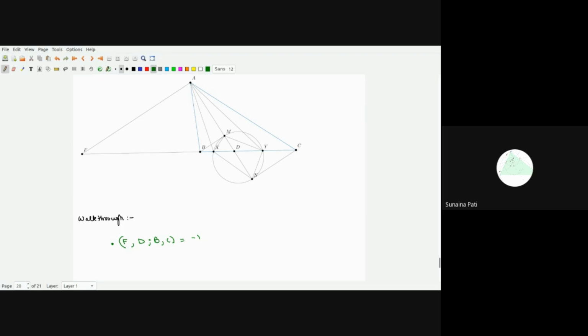And now everybody, as Siddharth pointed out, AF is parallel to BM and that is parallel to CN because all three of these lines are perpendicular to the line AD.